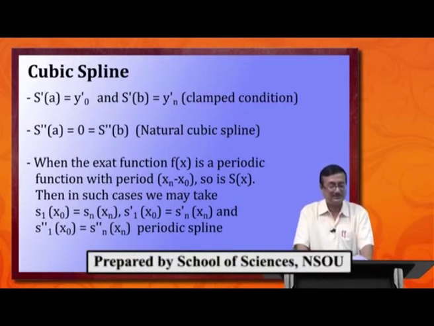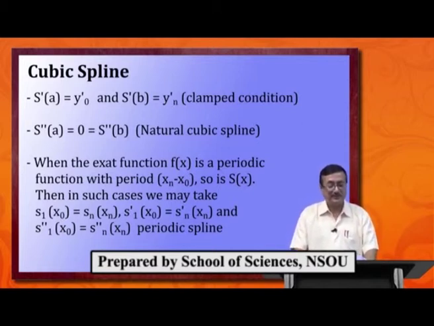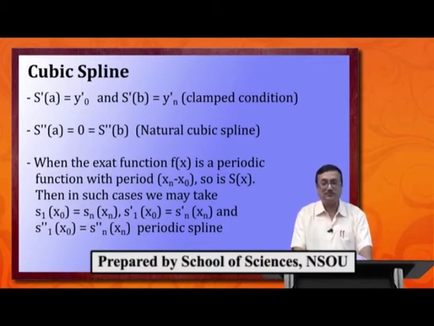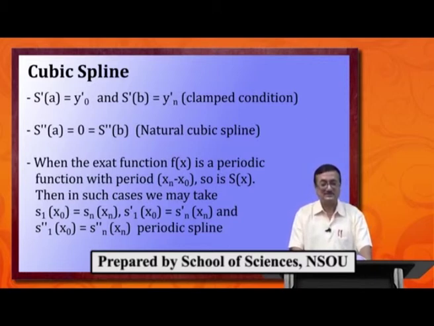So with the 4n-2 conditions and taking any one of the conditions marked as C, we will get altogether 4n-2 plus 2, that is 4n conditions. With the help of these 4n conditions, we can determine the 4n unknown coefficients required for determining uniquely the cubic spline polynomial function S(x).